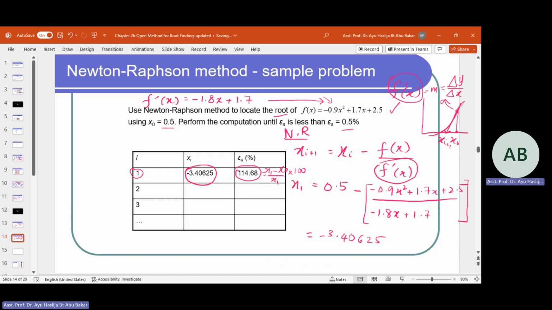Then you will get your x1 as in the slide. Okay, for iteration number 2, your xi will be the x1 figure. Use it back as the xi. Then you get x2. X2, you'll get somewhere around this figure.